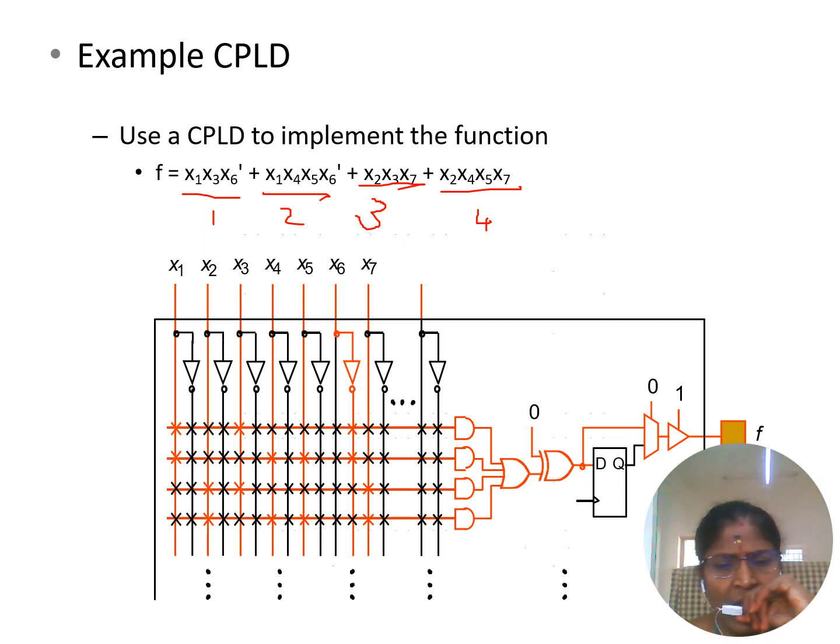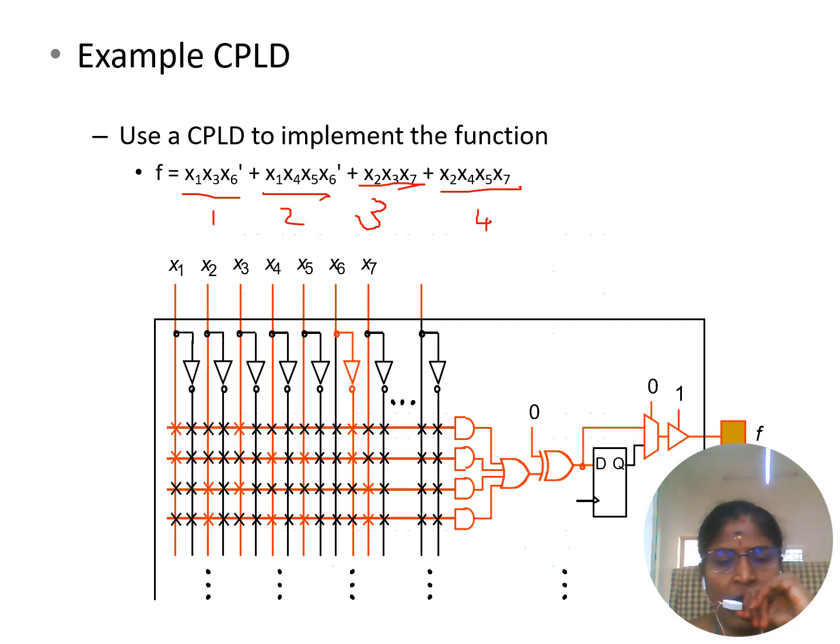So this is connected to the first AND. Then x1, x4, x5, x6 dash is the second AND term. Then x2, x3, x7 is the third AND term. Then x2, x4, x5, x7 is connected to the fourth AND term.